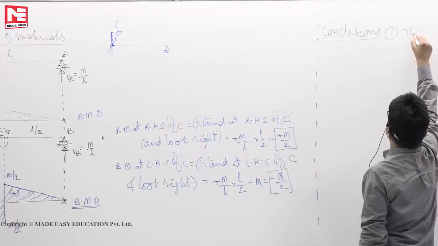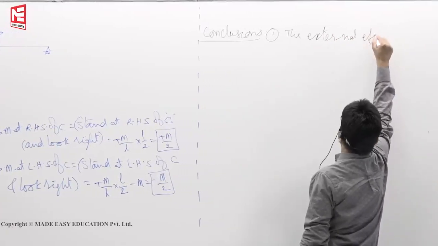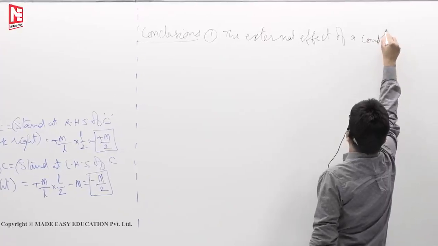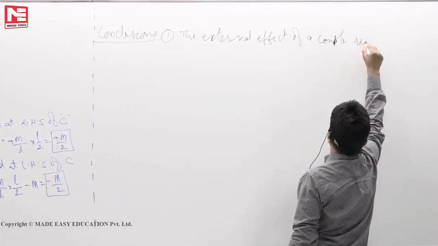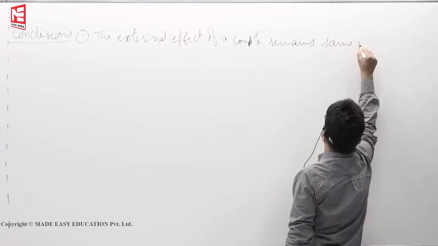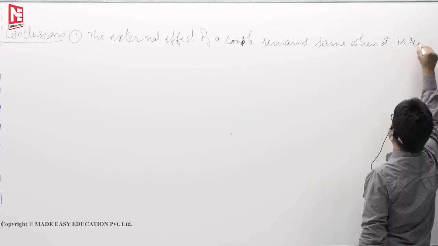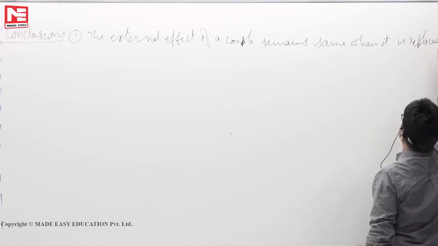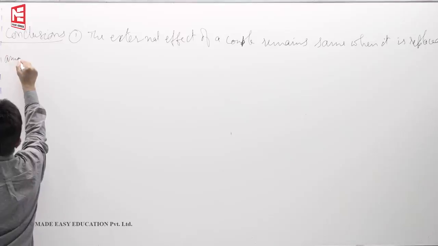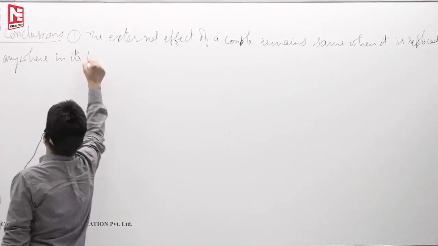First one, the external effect of a couple remains same when it is replaced anywhere in its plane.